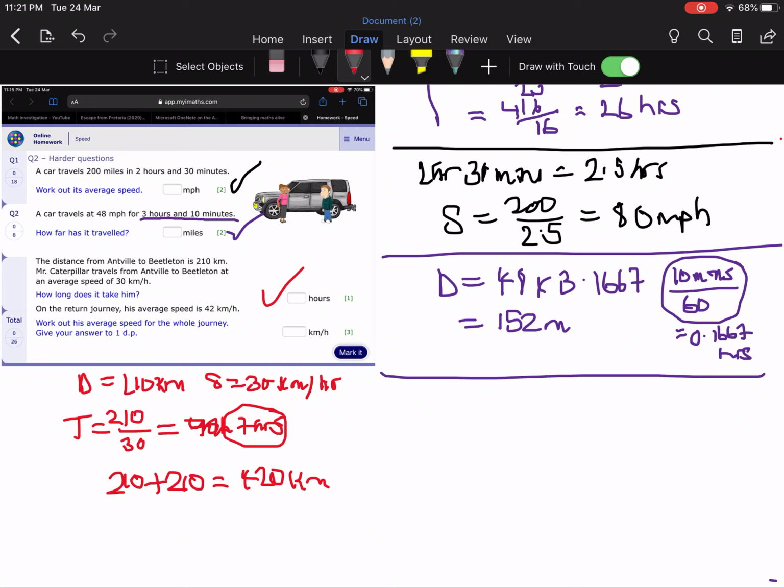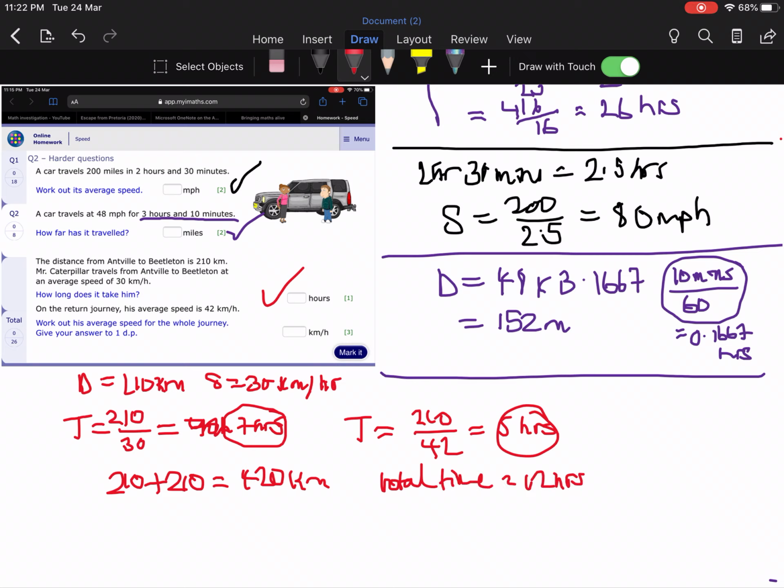Now if his average speed is 42, then the time on his second journey is going to be 210 divided by 42, which is equal to 5 hours. So the total time is equal to 12 hours.